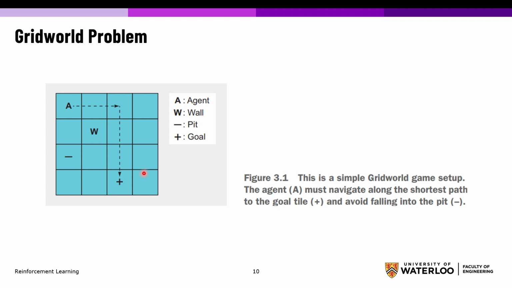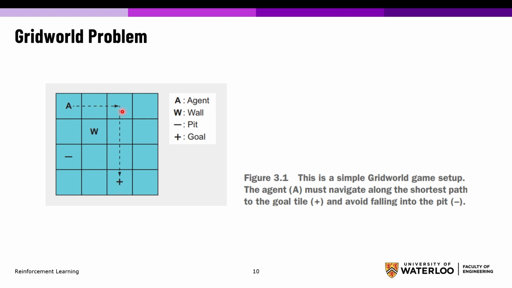So what is this grid world? This is our grid world, a 4x4 grid. A represents the agent, also shown by the letter P, meaning player, W is wall, and this negative cell is the pit where we lose, and this is our goal where we win and get a reward of +10.